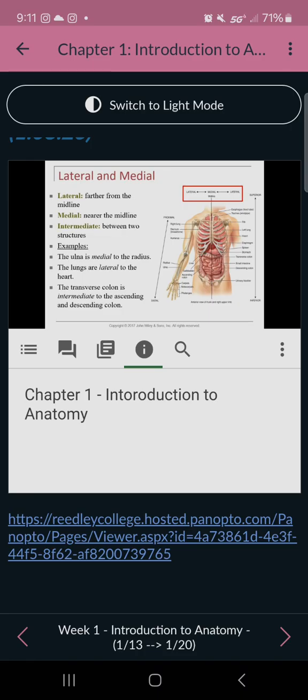Another directional term is lateral and medial. Lateral means further from the midline, like on the sides, and medial means nearer to the midline. If an organ is closer to the midline, to the middle of the body, we refer to it as medial.